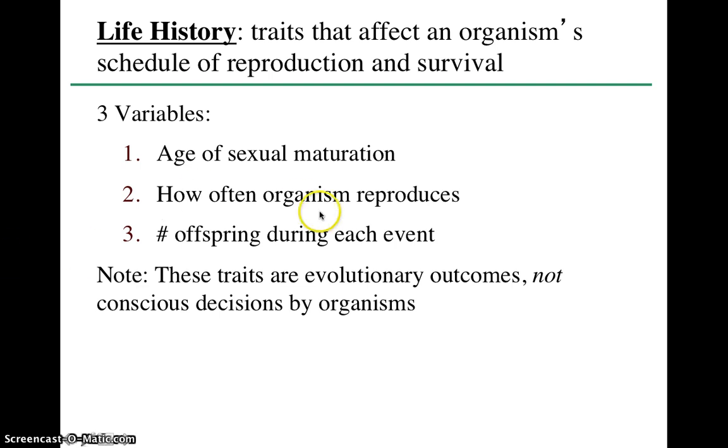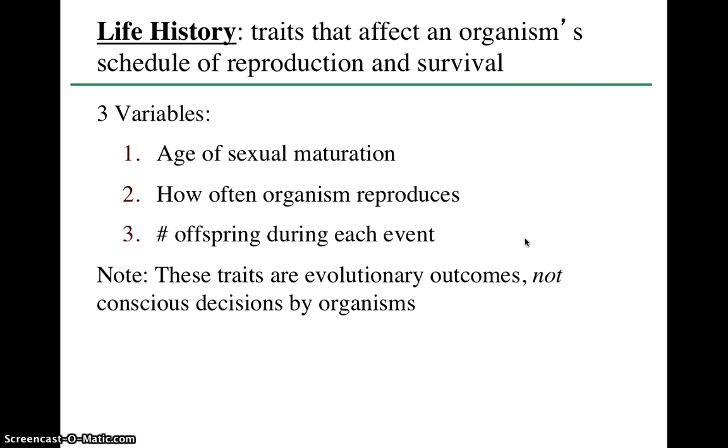And this might seem like something that the animals and the organisms have control of, but in reality, these are evolutionary outcomes. And whenever we're talking about evolution, we need to keep in mind that evolution is actually completely random, and whatever is here is here because it fit the fitness of the time.